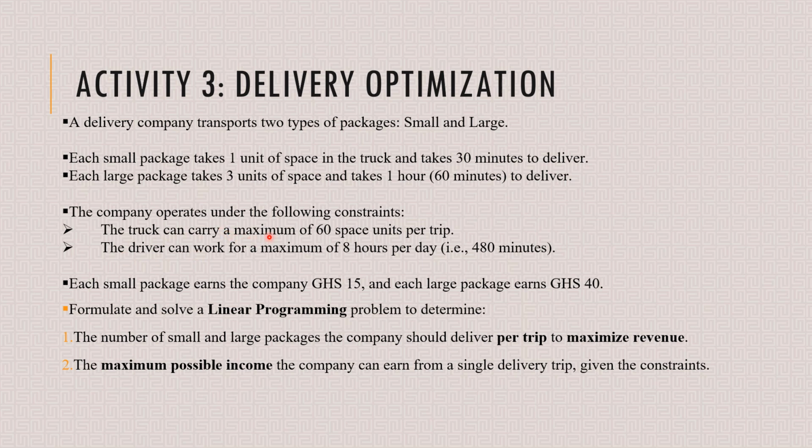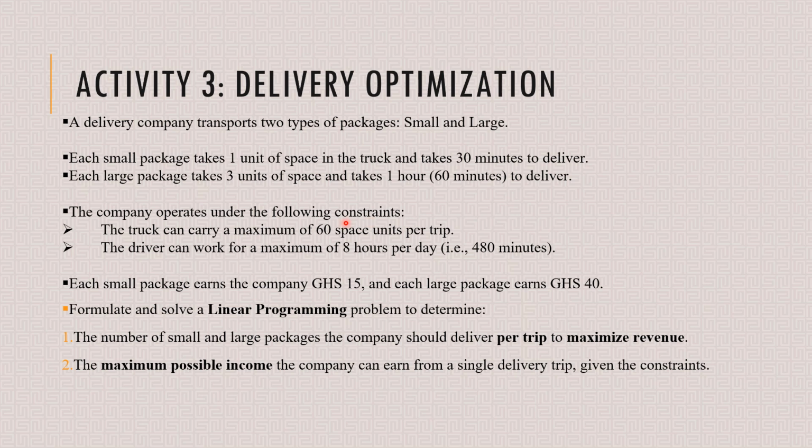The company operates under the following constraints. The truck can carry a maximum of 60 space units per trip. The driver can work for a maximum number of hours. So this is the constraint for the amount of space that the truck can carry.